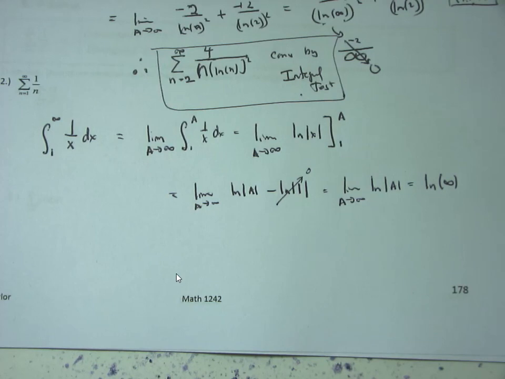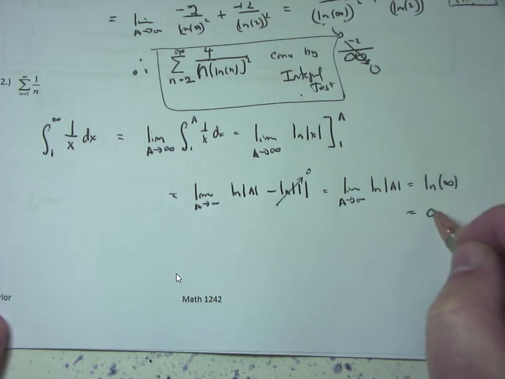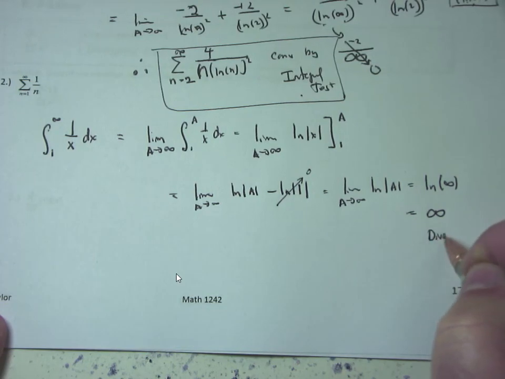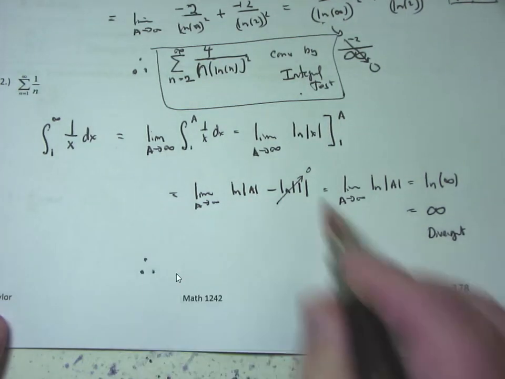This becomes the natural log of absolute value of infinity. But what is the natural log of infinity? Things you're supposed to know from Calculus 1, day 1 in that class, chapter 1.3 or 1.4. The natural log of infinity is infinity. And you got an infinity answer, which means the integral is divergent. Therefore, this is all your work right here.